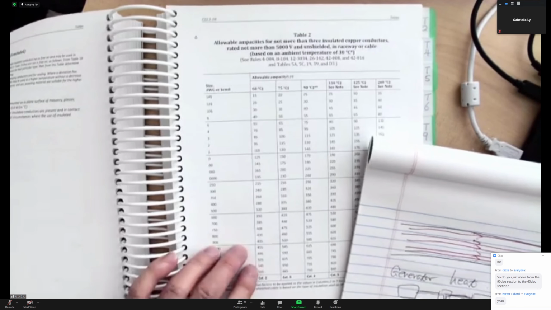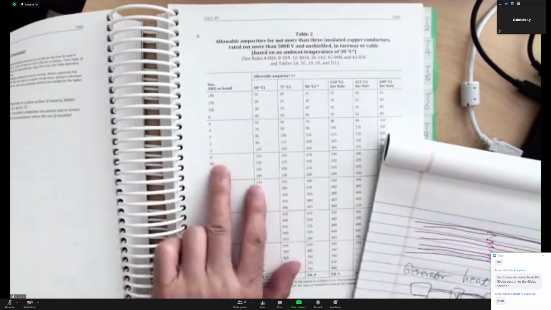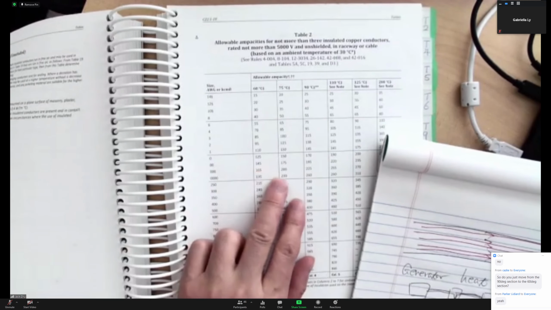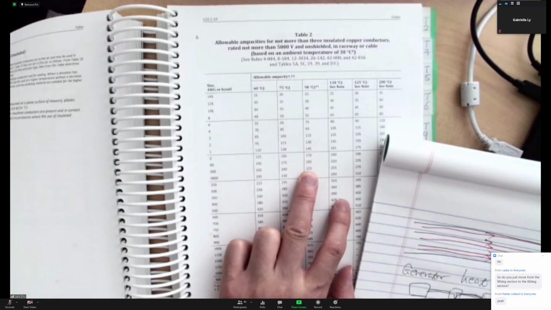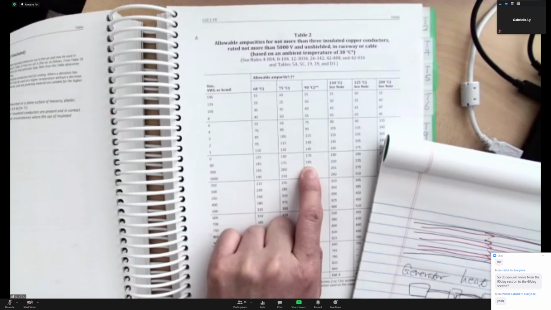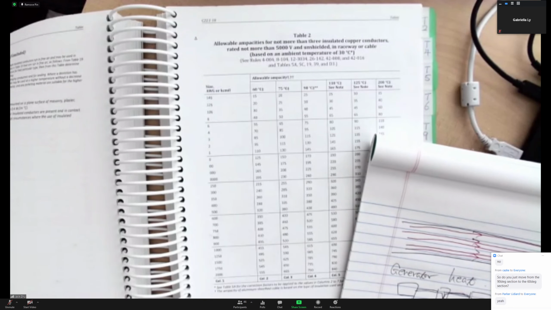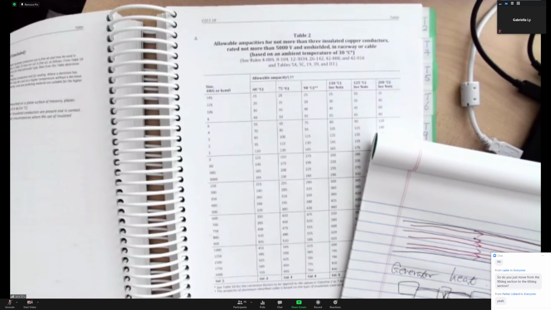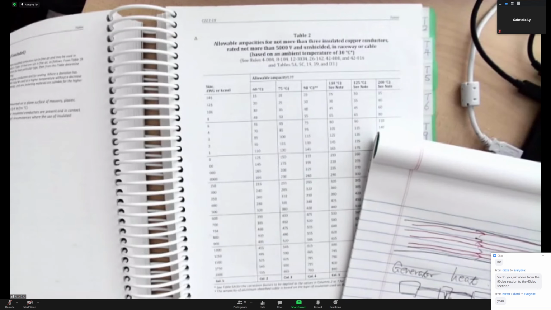But then the code requires that for this type of microhydro system, you have to use 90-degree rated conductor. So you pick based on 60 degrees, but then you're going to use 90-degree rated conductor. Yeah, so Shane, you answered that question right.